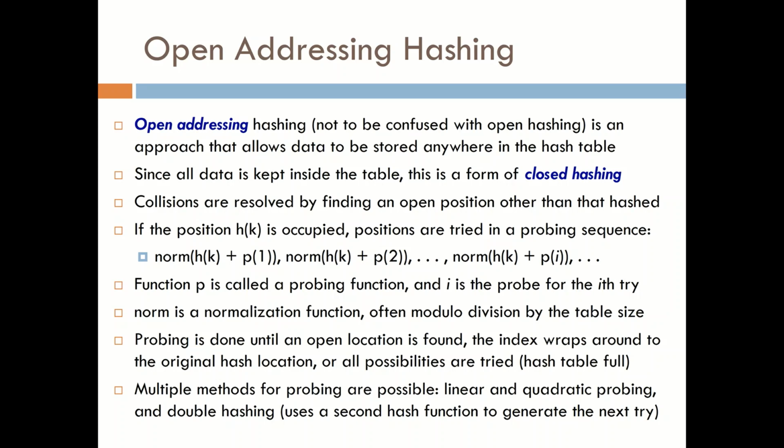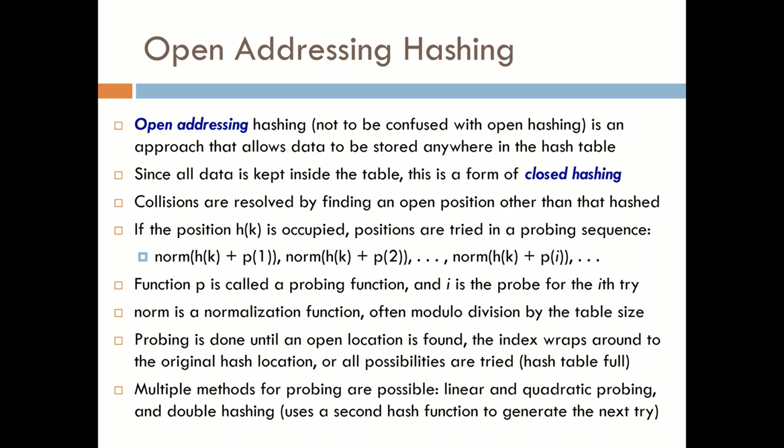A couple of things are worth noting here. We always add the probe to the home position, and the home position is where the data would normally hash to once the hash function is applied to it, before any collisions take place. So the probes always get added.